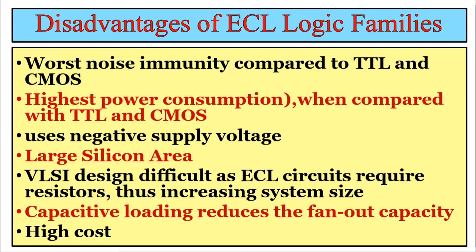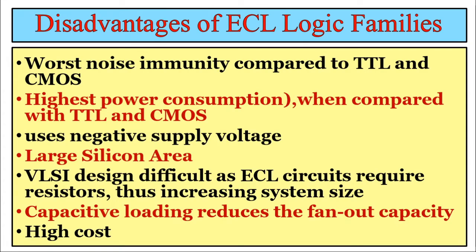The logic levels are not compatible with any other logic family and therefore make analysis and measurement inconvenient. Another disadvantage is that it requires a large silicon area because of its large power consumption. CMOS logic gates are preferred over ECL logic families in large scale integrated circuits.